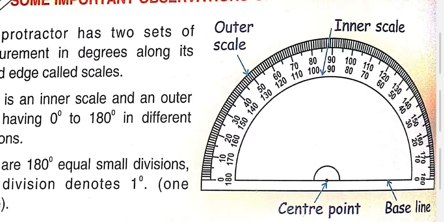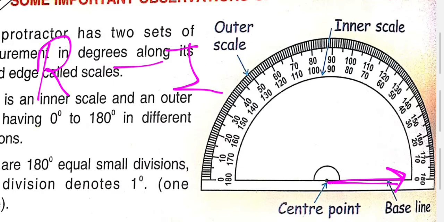Now, when you draw a baseline to the right side, there are two baselines. This is also a baseline. This one is to the right side and this one is to the left side. So when you take the baseline to the right side, you consider the inner scale.